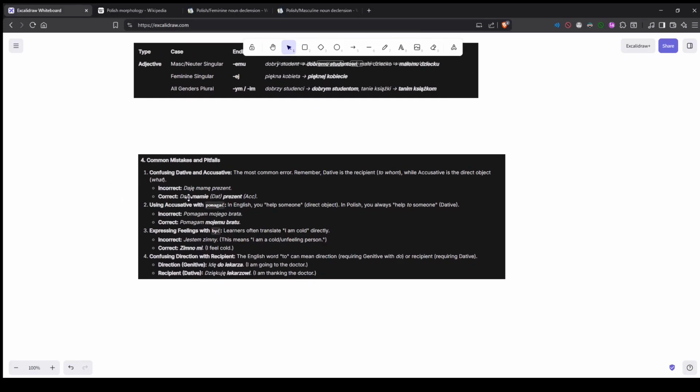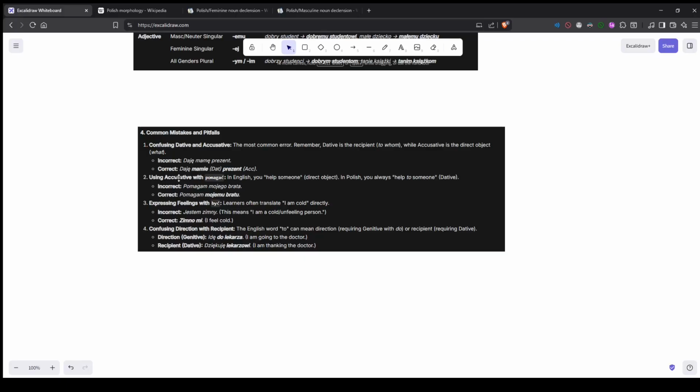So you can absolutely also say "daję prezent mamie." It would be totally valid and you still know that you are giving the present to your mom, because the ending of this word tells you that she is receiving the present. Okay? So, using dative with, for example, pomagać or some other verbs that I have presented to you earlier.